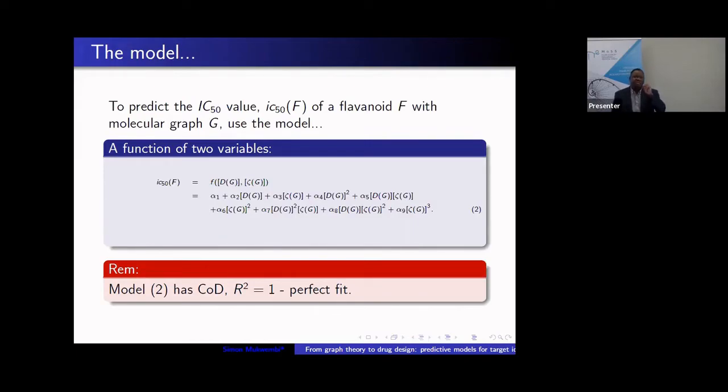So our model is a function of two variables, the variables being the internal activity and the external activity.